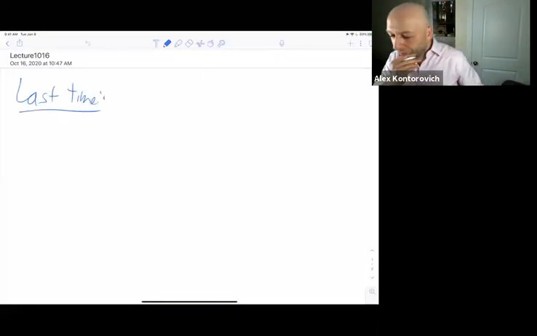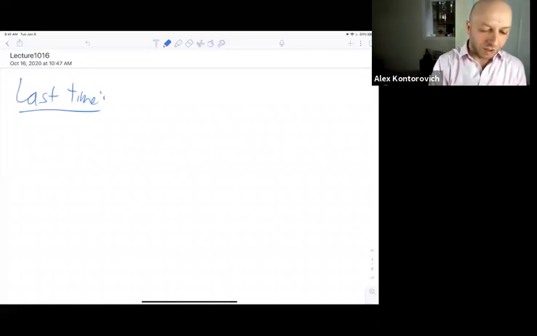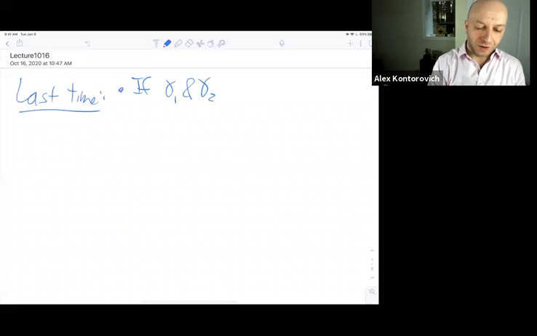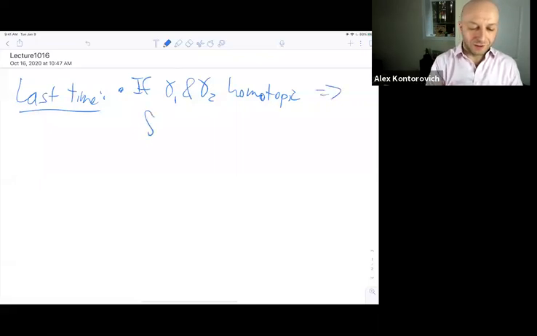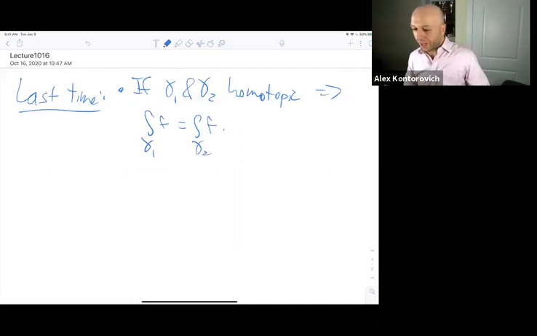Last time, what did we do? So a couple of things. If gamma 1 and gamma 2 are homotopic, there's a deformation from one to the other that's continuous, and they start and end at the same points, then the integral over gamma 1 is the integral over gamma 2 of a holomorphic function f.